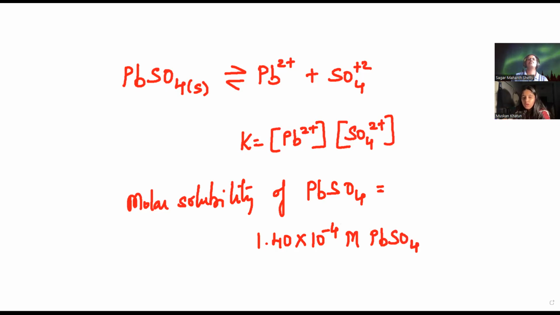That is the molar solubility of lead sulfate. So 1.40 into 10 to the power of minus 4.